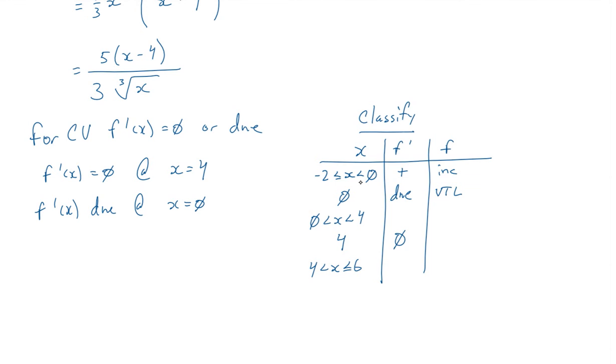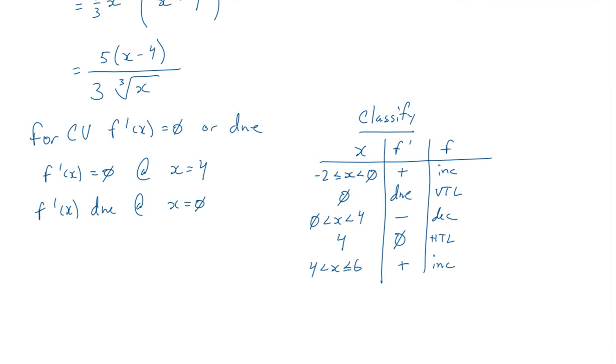Then from 0 to 4, so I'll pick 1. I've got negative over positive, so this is negative, so it's decreasing. Then I've got a horizontal tangent line. Hopefully you're really starting to get a feel for how this whole thing works. And then I pick something in the final interval, so let's say 5, and I plug it in, and I get positive over positive. So the derivative is positive, and the function is increasing.